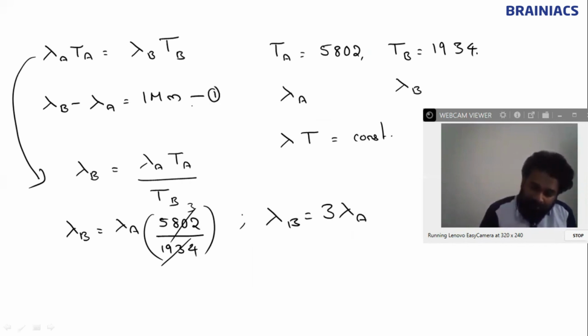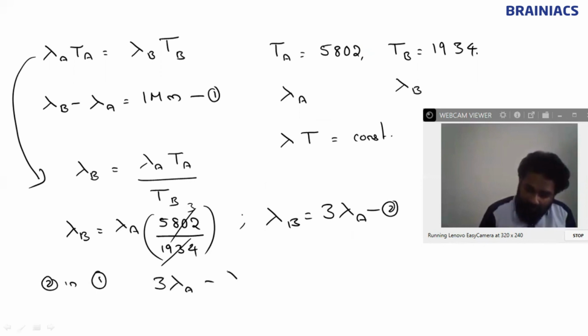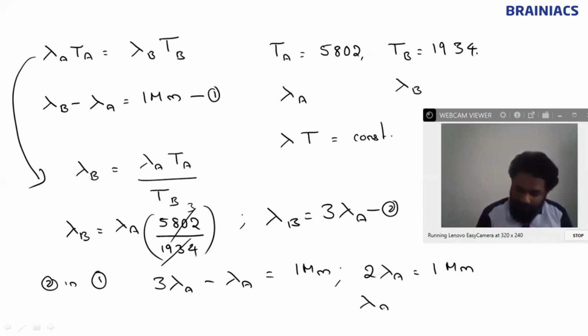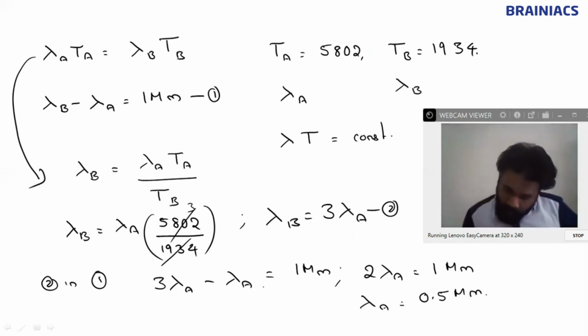Now from this equation, 2 in 1, we will be getting 3 lambda A minus lambda A is equal to 1 micrometer. So 2 lambda A is equal to 1 micrometer, and lambda A is equal to how much? 0.5 micrometer. Correct or what? Is it true?